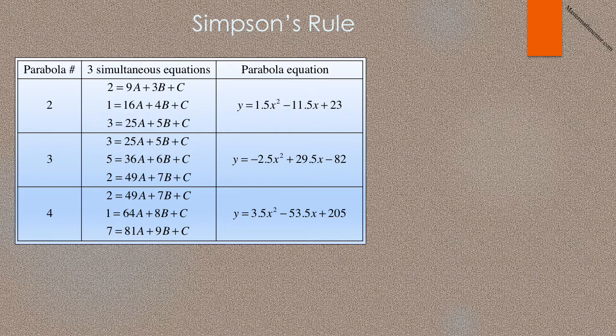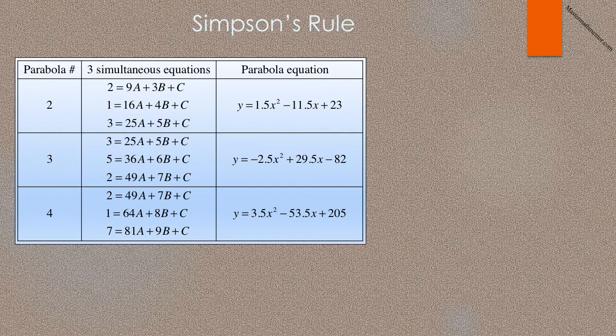The third parabola joins the points (5,3), (6,5), and (7,2). Our equations are 3 equals 25a plus 5b plus c, 5 equals 36a plus 6b plus c, and 2 equals 49a plus 7b plus c. Our resultant work with matrices gives the parabola equation y equals negative 2.5 x squared plus 29.5 x minus 82.